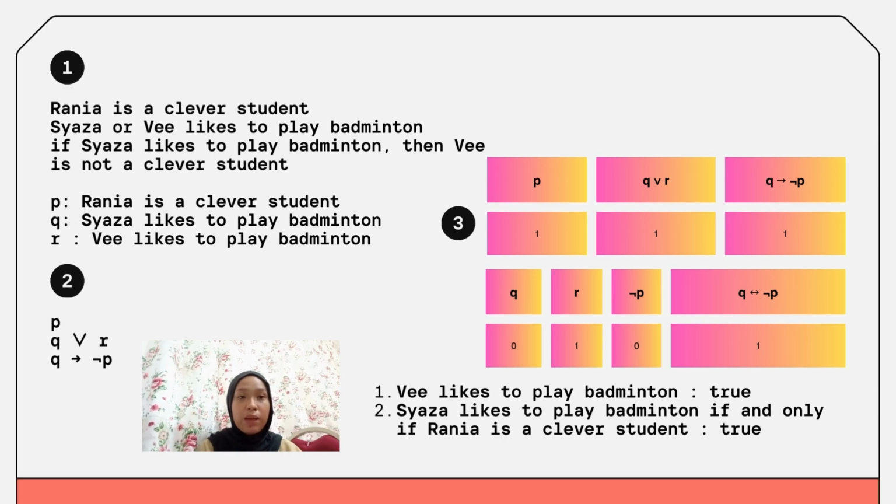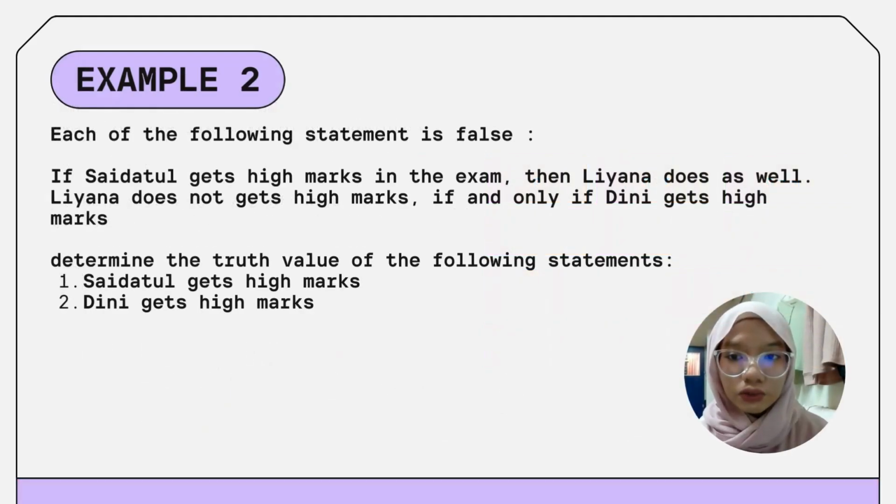So we can determine that Q if and only if not P is 1. So V likes to play badminton is true. And the second one, Shaza likes to play badminton if and only if Rania is a clever student, is also true.